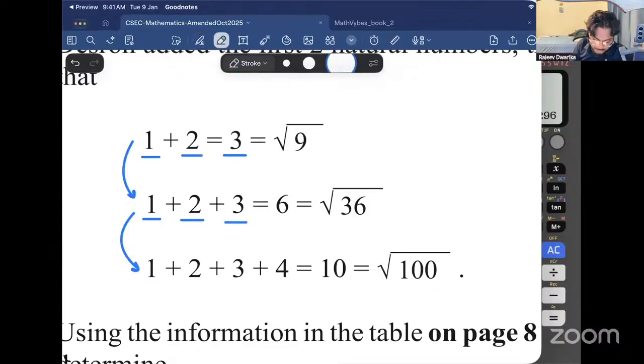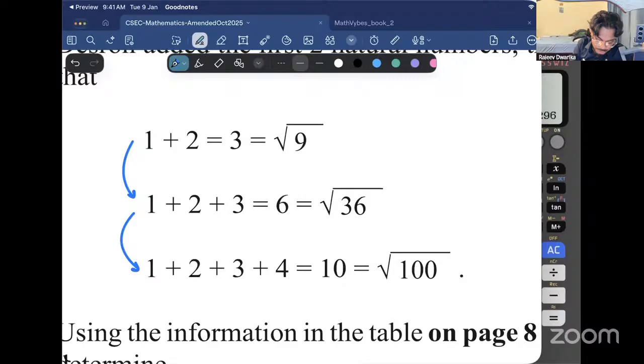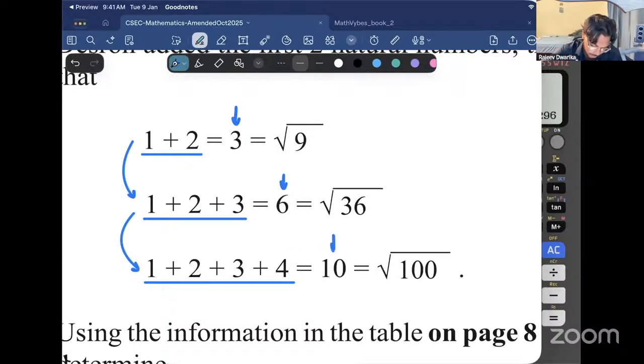Exactly. So in the first iteration, you count up to 2 and add it. In the next, you count up to 3 and add it. In the last, you count up to 4 and add it. Now the numbers you're getting are 3 here, 6 over here, and 10 over here, yeah? Yes, sir.